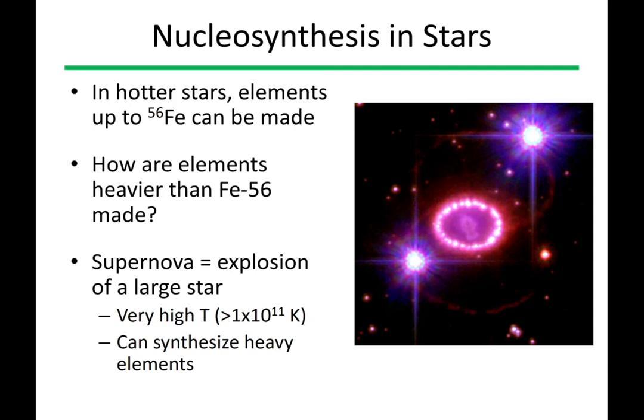Note that overall, this still has to have a negative delta G to be spontaneous, but the direct formation of an individual nucleus would actually be endothermic in this case. The extra energy has to come from the explosion of the star in order to make these elements that we otherwise couldn't make by combining nuclei.